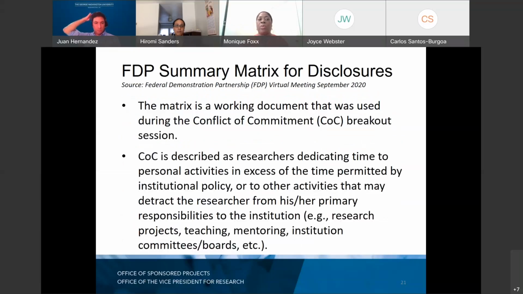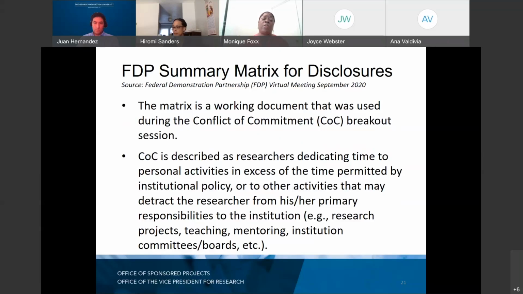I just want to briefly report that the Federal Demonstration Partnership is working very closely with federal agencies on behalf of universities to make sure that the administrative burden is reduced, that instructions are clear, procedures are clear, and that even though we're expanding our reach for analysis, review, and disclosures, that we're trying to really be consistent and transparent.